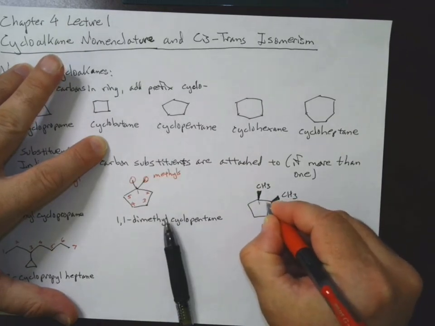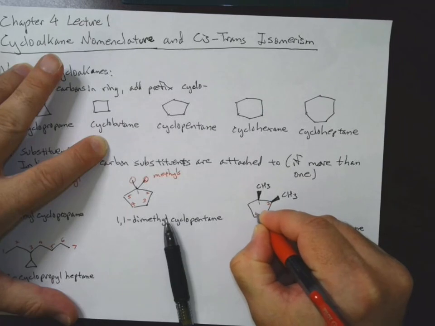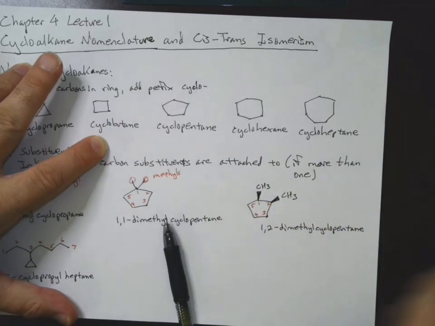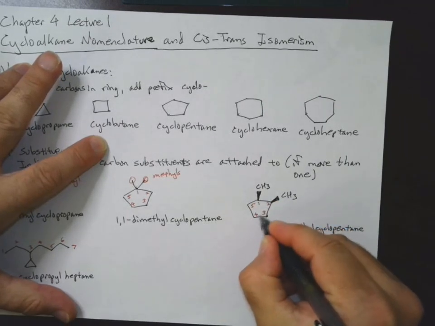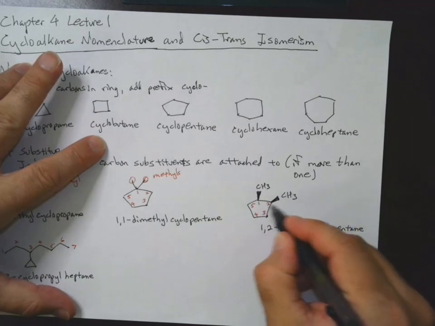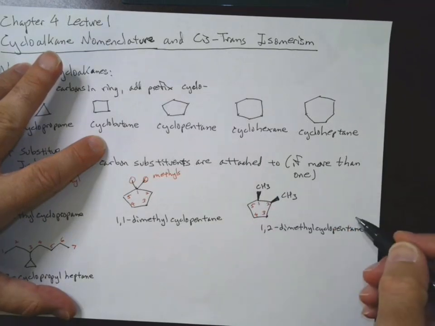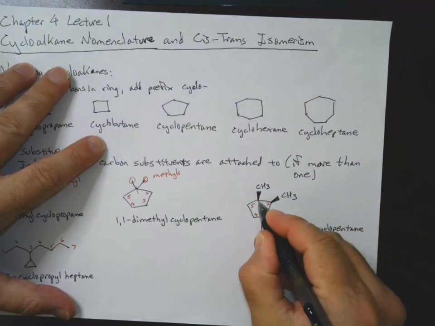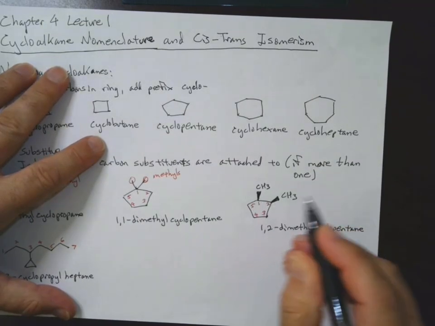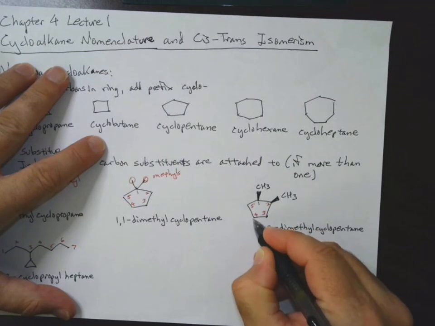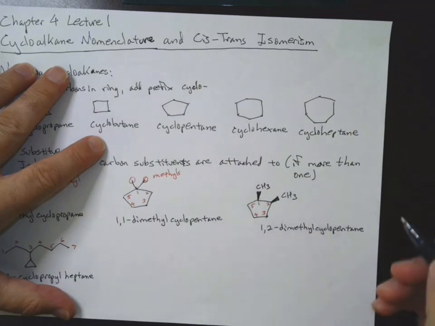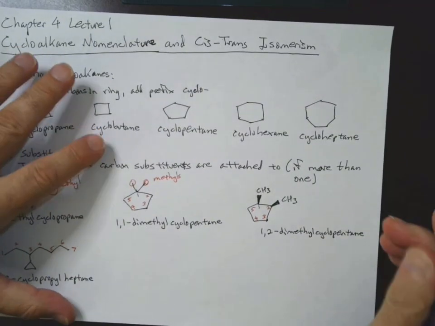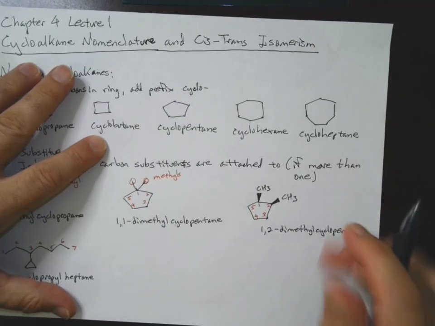So I would number 1, 2, 3, 4, 5. And I want to number around the ring in the order that gives us the lowest numbers. So you may want to make a note of that. I want to go this direction instead of the other way. So it's 1,2-dimethylcyclopentane, not 1,5.